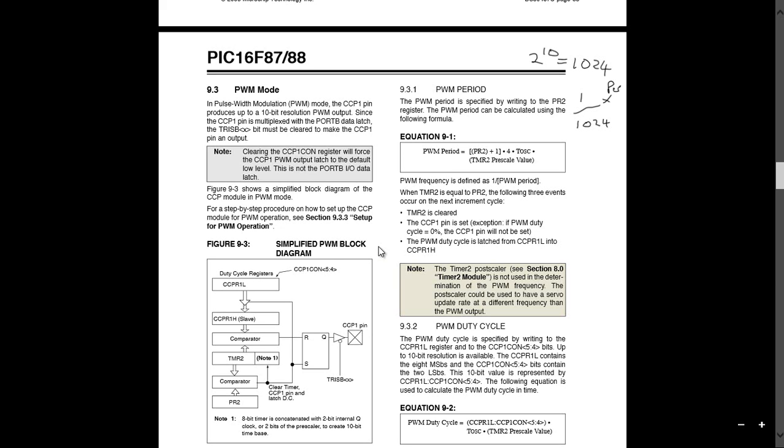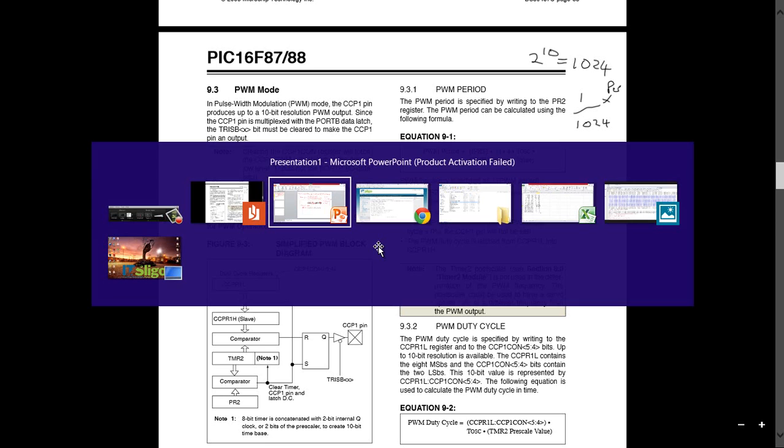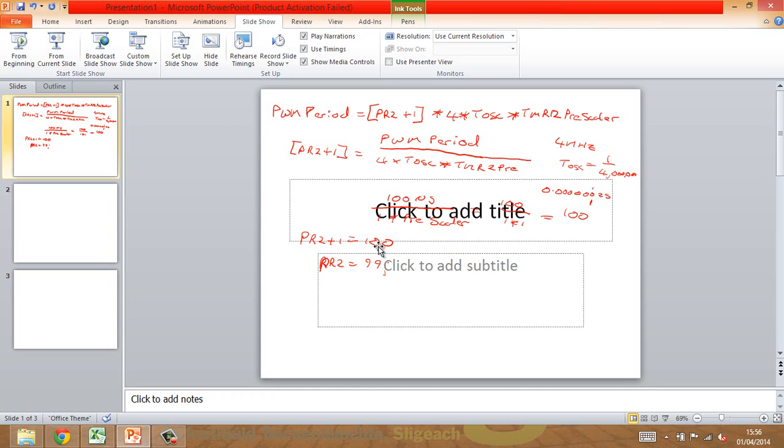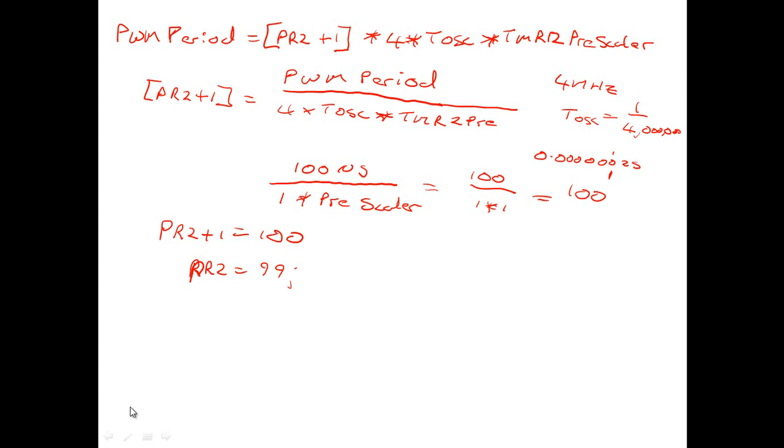Now, what we want to do is multiply that by T oscillator and multiply it by the TMR2 prescale value. So we'll go back to our PowerPoint presentation, and I'll write these in. This is for the PWM duty cycle.